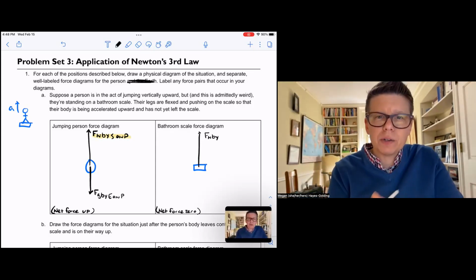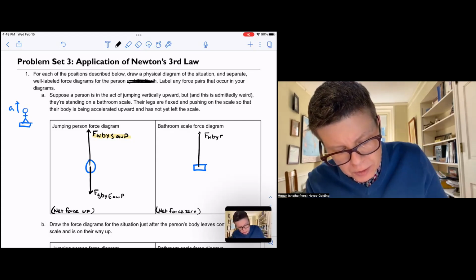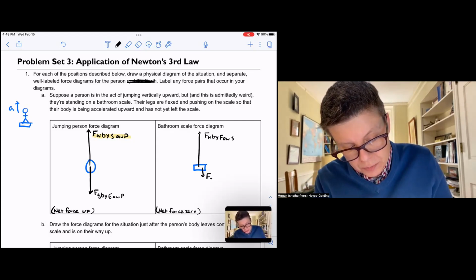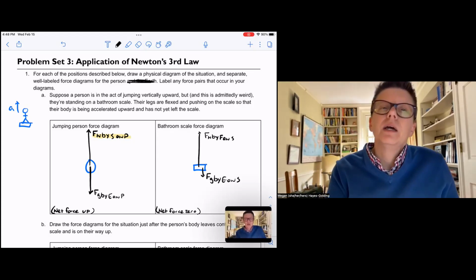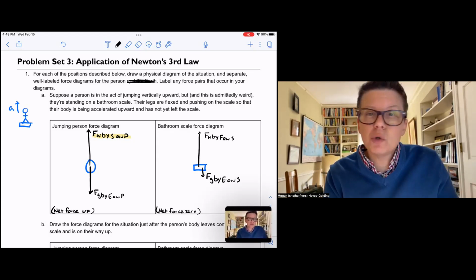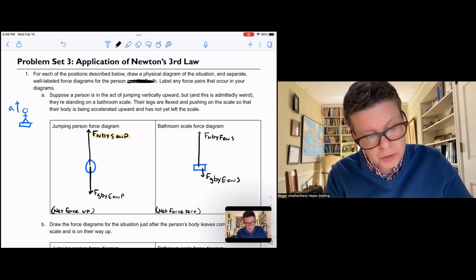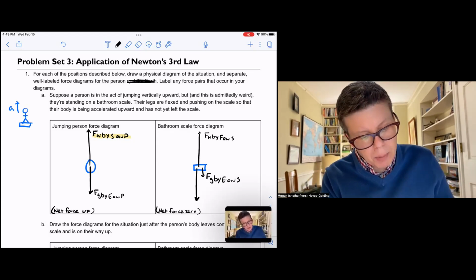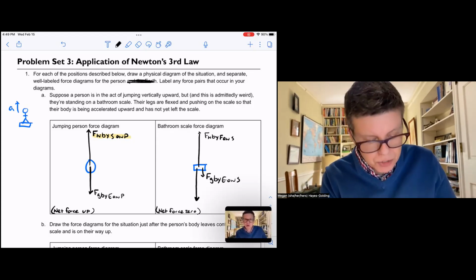Ground, I don't want to get ground and gravity confused, so let's call it floor. The scale itself has a weight. And then I talked about how this normal force needs to have a partner. So Fn by person on scale.